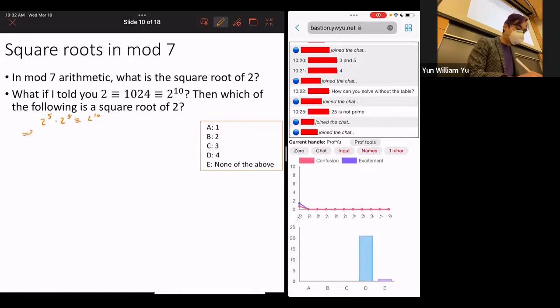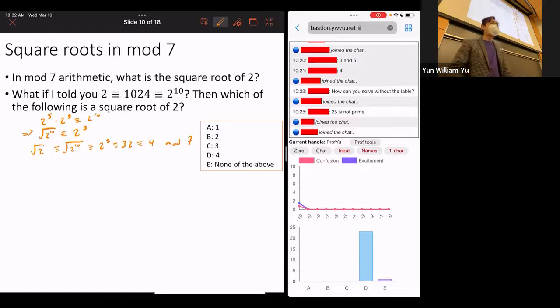But of course, that implies that the square root of 2 to the 10 is just 2 to the 5. So the square root of 2 is congruent to the square root of 2 to the 10, which is congruent to 2 to the 5, which is congruent to 32, which is congruent to 4 mod 7. Okay? So somehow this is a lot easier whenever I give you the powers already.